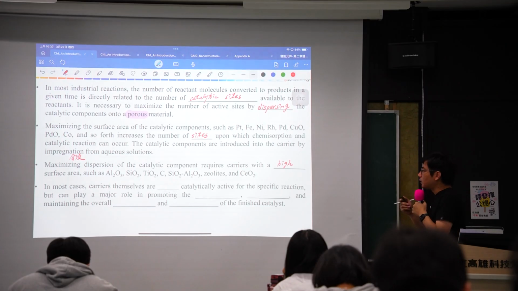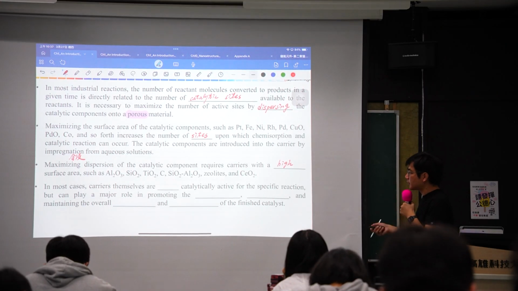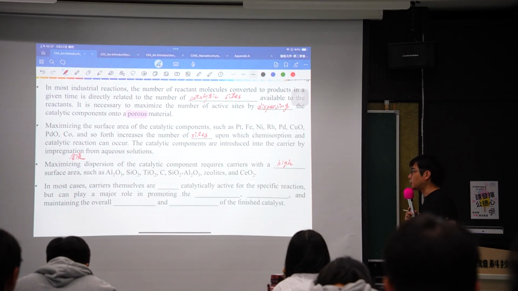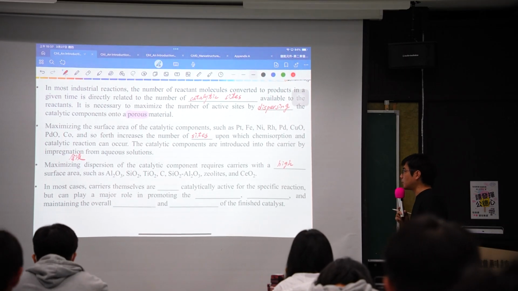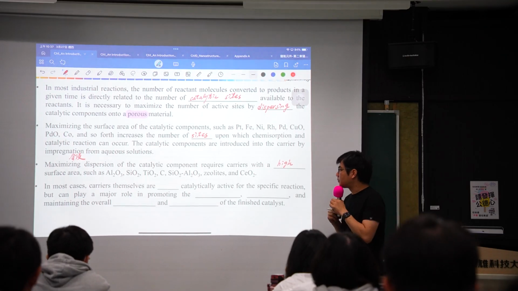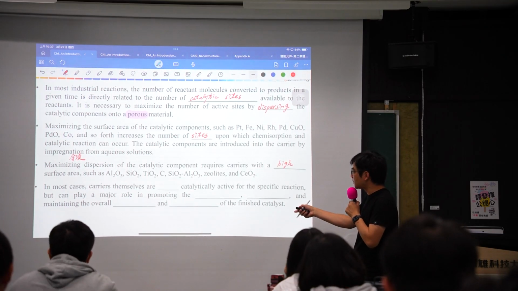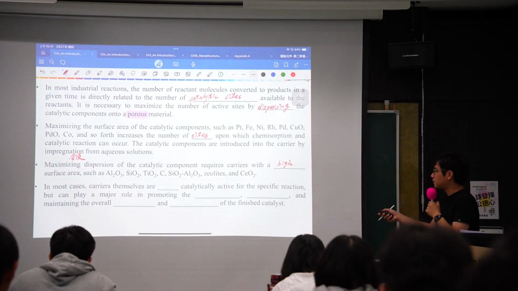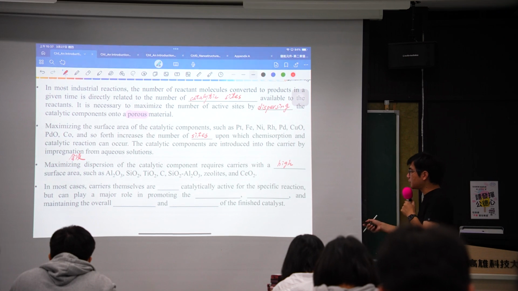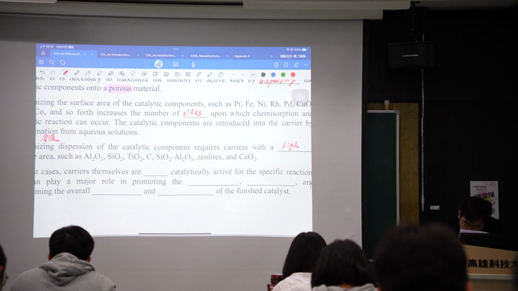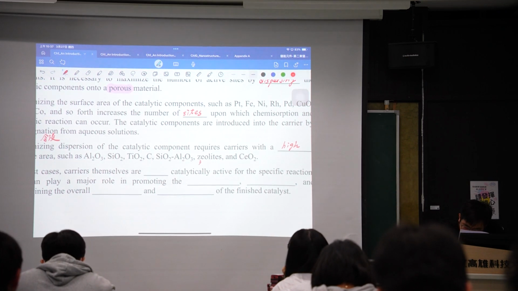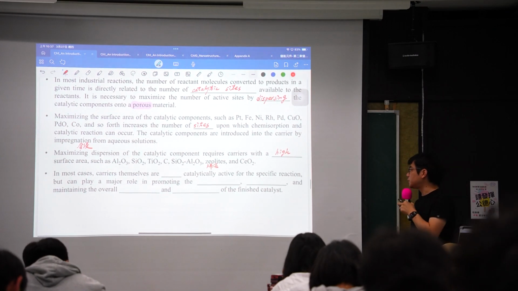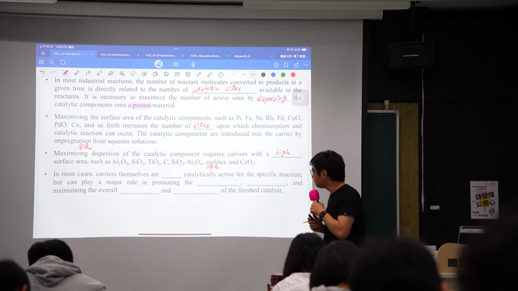Okay, so you want to maximize the dispersion of the catalyst. You need to have a carrier with high surface area, such as aluminum oxide, silicon oxide, titanium oxide, carbon, silicon oxide, zeolite base. Okay, zeolite. And CO2, zero oxide.